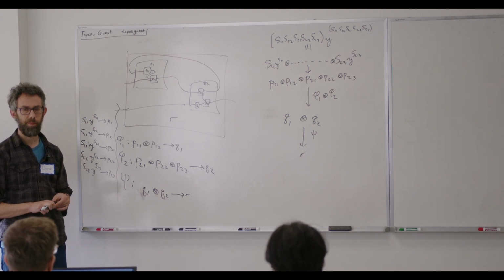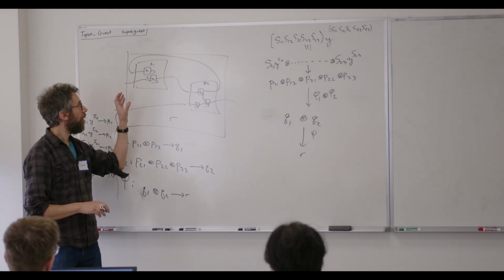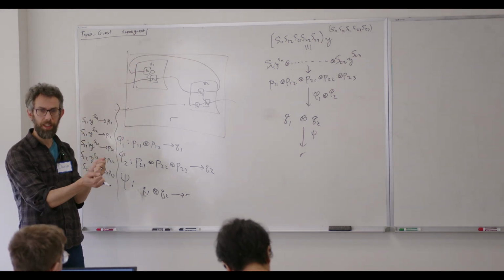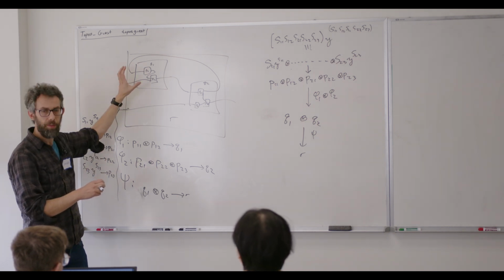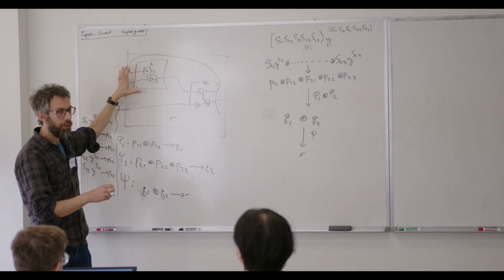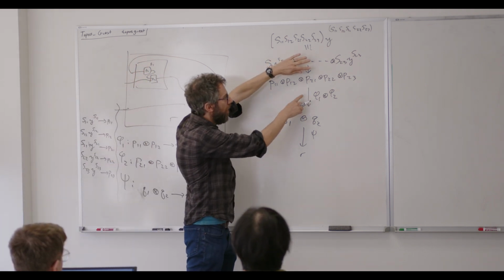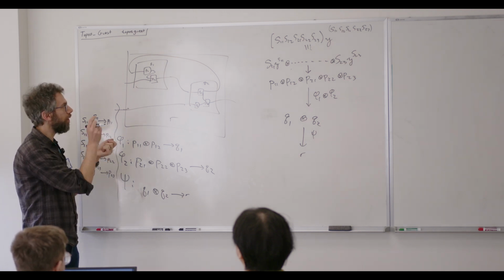I'm struggling with how to make sense of it. It sounds like you're saying we have syntax for wiring diagrams, and we have syntax for filling in the bubbles. Yeah. And if this is to be some kind of operad and algebra, then these pictures are giving us how the operad works, and these pictures are giving us how the algebra works, like what you can actually pop into the bubbles.